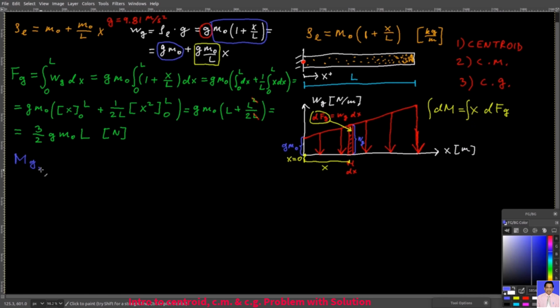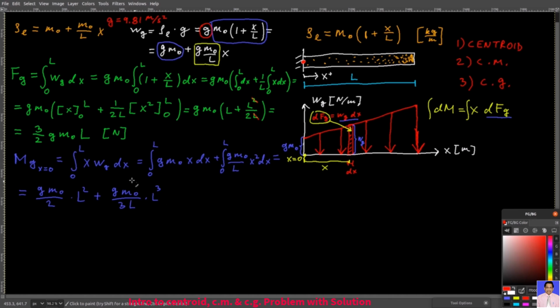And so the gravity moment about the point where x equals 0 meters, we can have this integral from 0 till L, x times, and now instead of dFg, I write this one here, so Wg times dx. I already know the expression for Wg, and so I will end up with this integral here. Then I will have this expression after evaluating it.